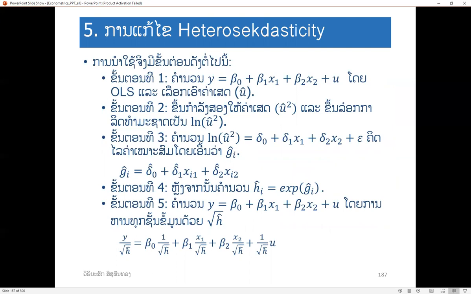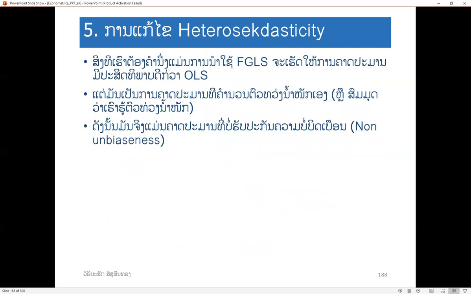After that, we take the exponential of the fitted values and obtain h hat. At the end, we run the main regression again, with all variables divided by the square root of h hat. The result is called FGLS, feasible generalized least squares.